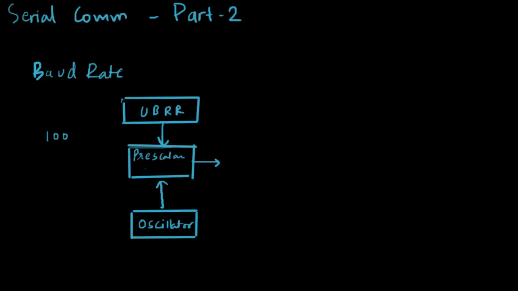The time for every tick, let's say it is TP, is given by 1 divided by the oscillator frequency, F oscillator. And if we load the number 100, let's call that X, the total time the prescaler would have spent is X divided by F oscillator, or the oscillator frequency.